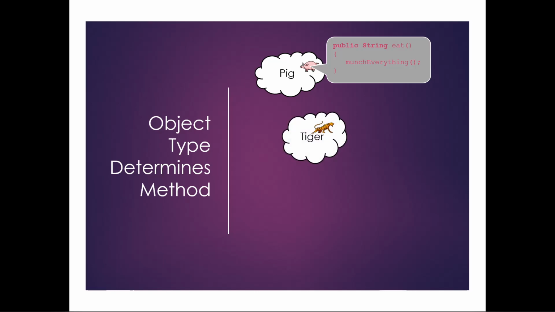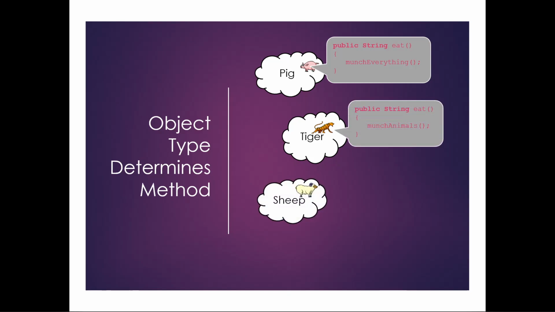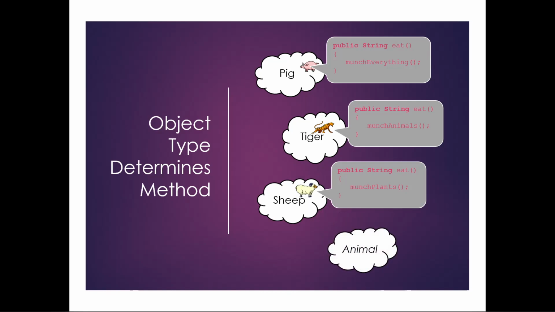Where if a tiger gets told to eat, it always obviously munches on animals. If a sheep gets told to eat, well, we didn't define a behavior for a sheep. Sheep didn't have an eat method, but it inherits the behavior from the invertebrate. So it munches on plants. And then if I go create an animal object and tell it to eat, well, there's two problems there.